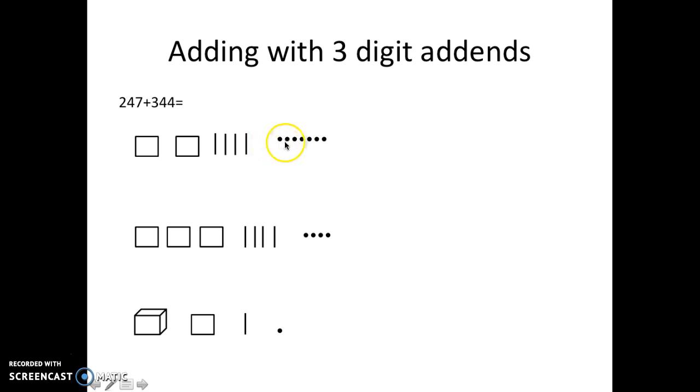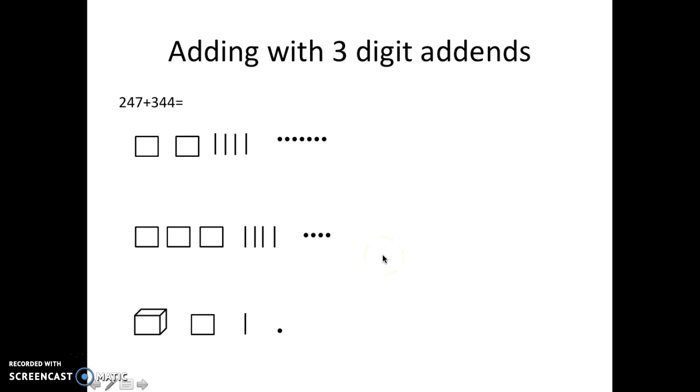And I have 7 dots to represent the 7 units. Likewise, I have 3 blocks for the 300, 4 lines for 40, and 4 circles for the units.